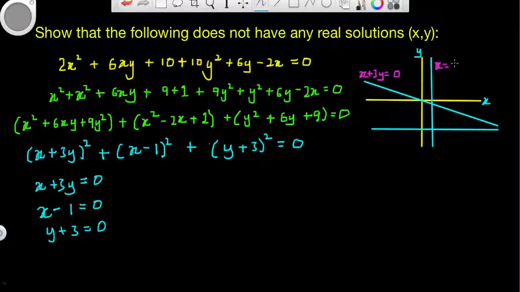This is x equals 1, and this is y equals -3. So although these two graphs meet here, and these two will eventually meet somewhere over here, and these two lines meet here, there will never be a case where all three lines meet at one point, and because they don't, this messy looking function right here does not have any real solutions of the form (x, y).